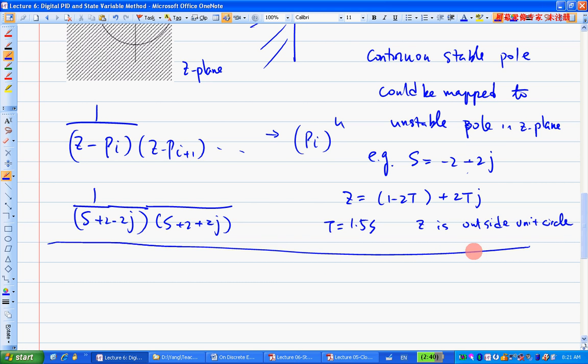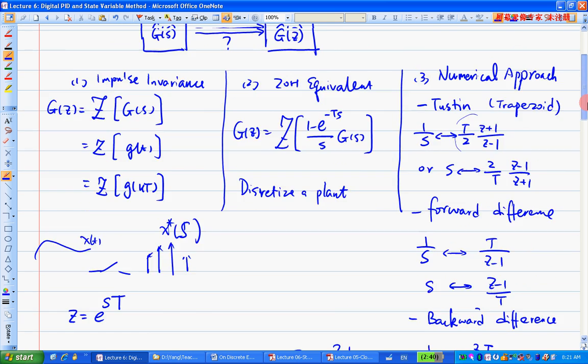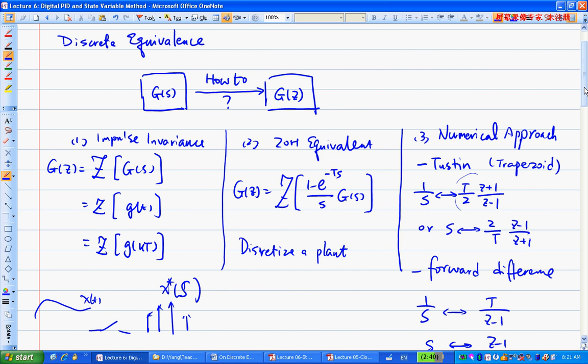Okay, so what I need you to remember at this stage is a couple of things. In this lecture, when we discretize, we're normally trying to discretize a plant. You're going to stick with this one here. If you're required to discretize a controller, then you're probably going to choose one of the methods over here.